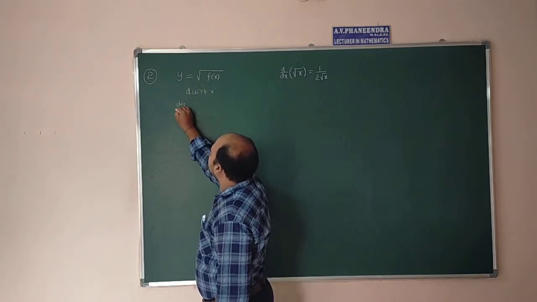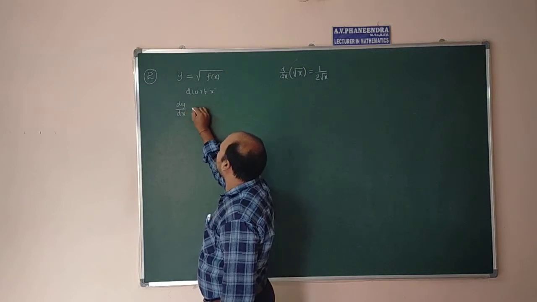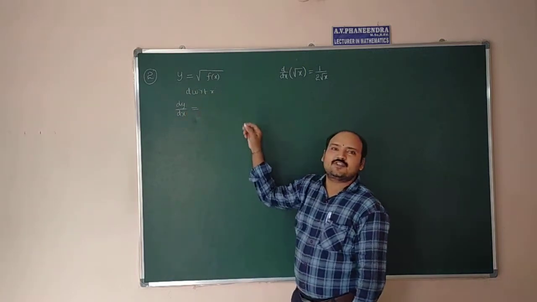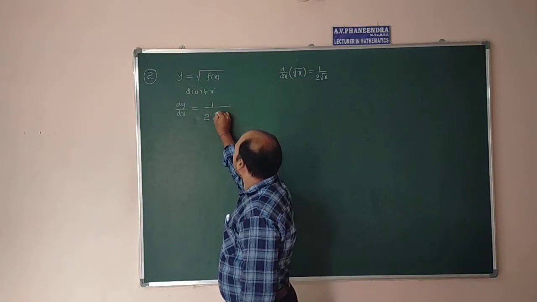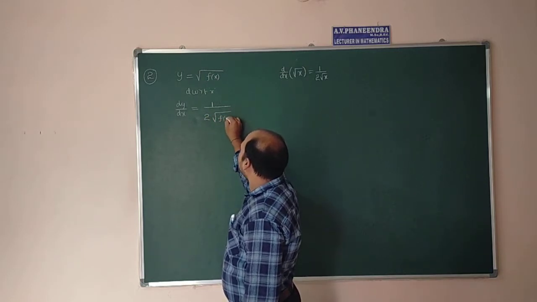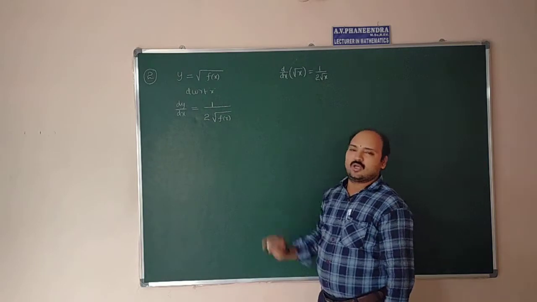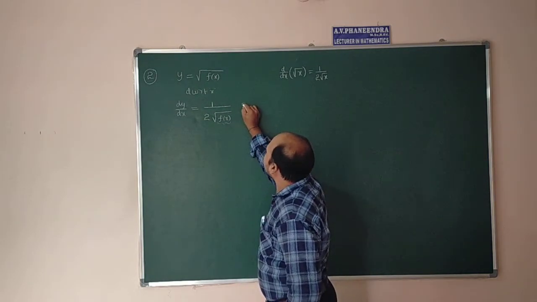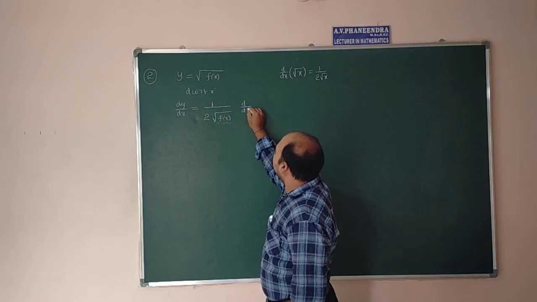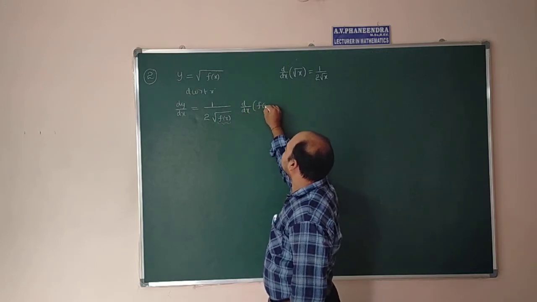The derivative is dy by dx is equal to, root f of x derivative is 1 by 2 into root f of x. After that, what we have to do? We have to apply this formula. After that, whatever the function is involving, that we have to differentiate, d by dx of f of x.